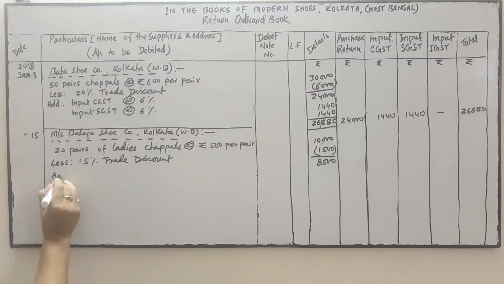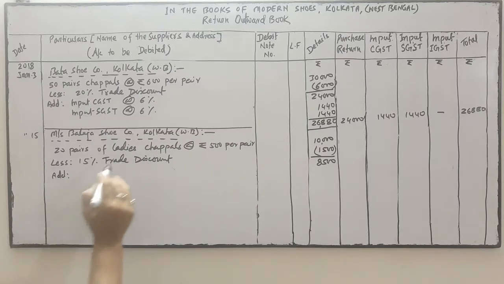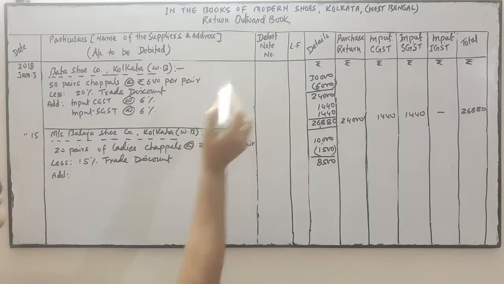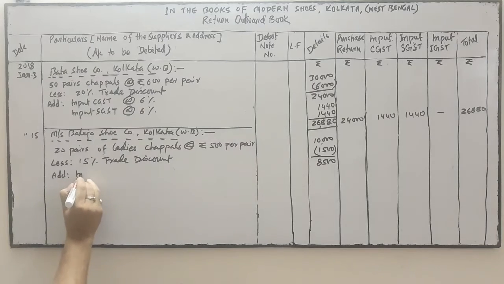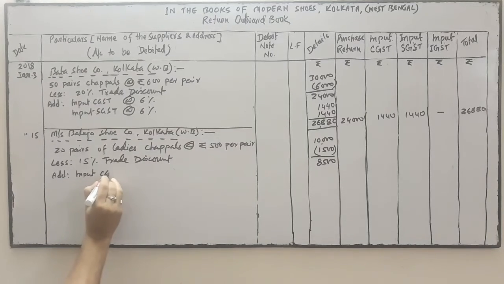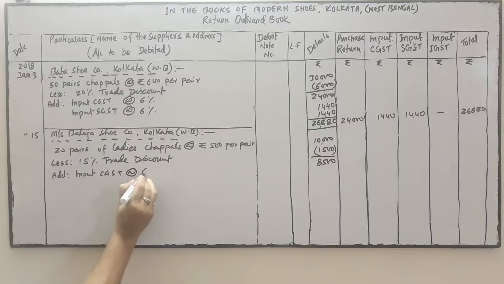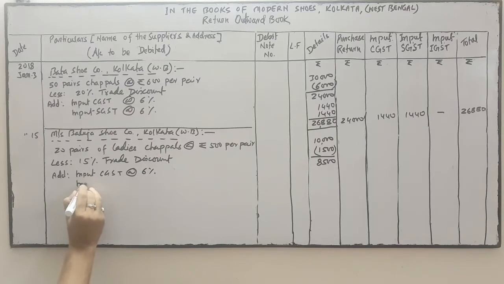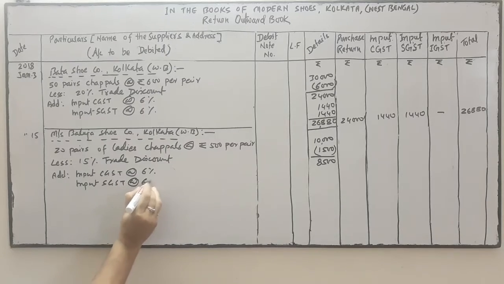Now add, as it is in the same state, Kolkata and Kolkata, input CGST at the rate of 6% and input SGST at the rate of 6%.